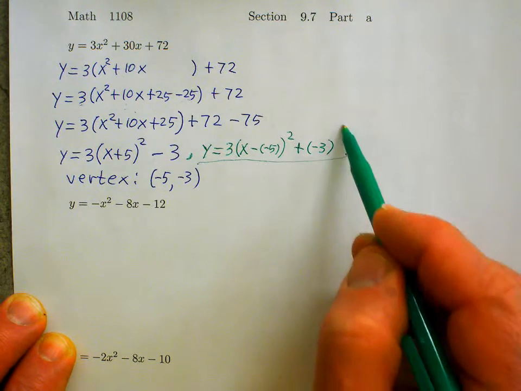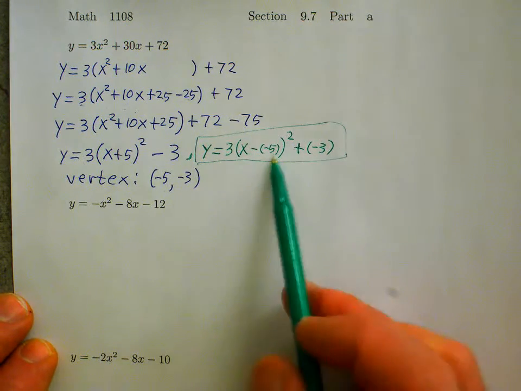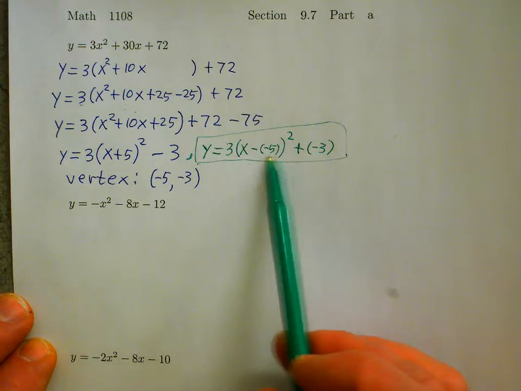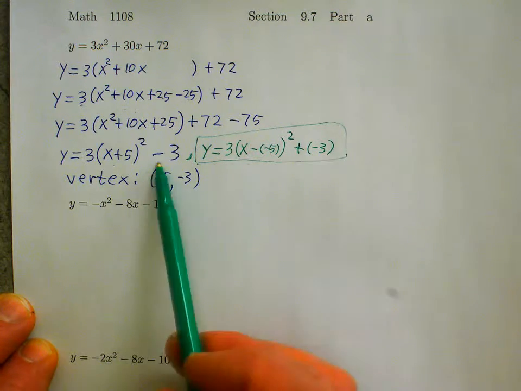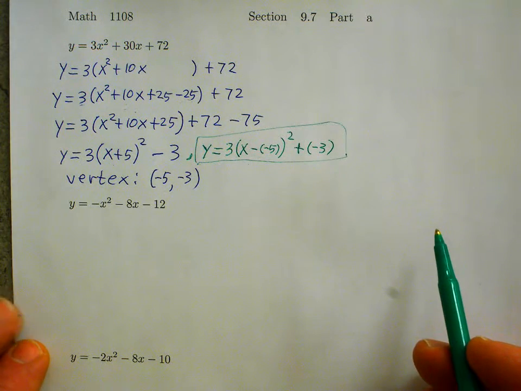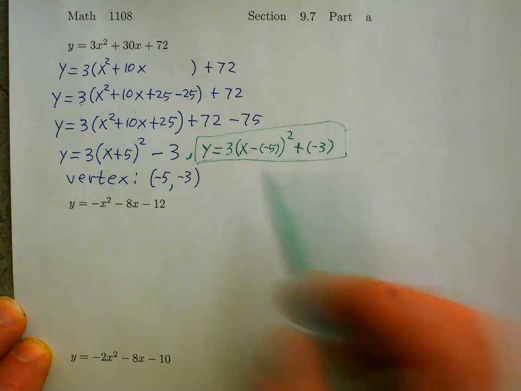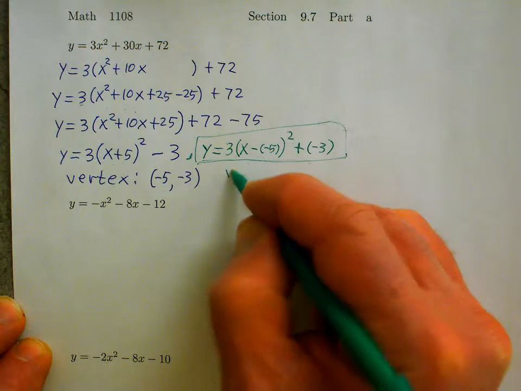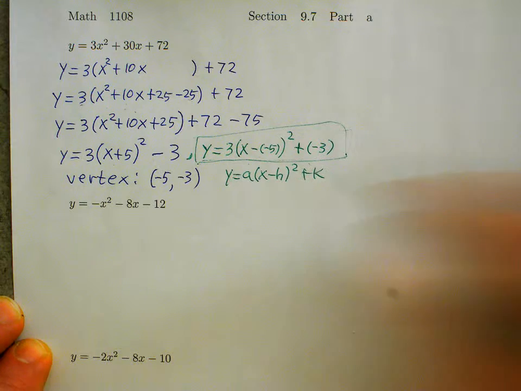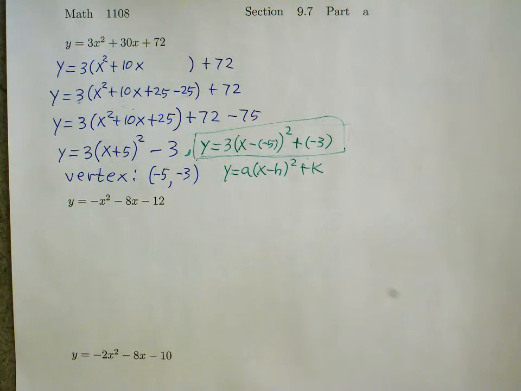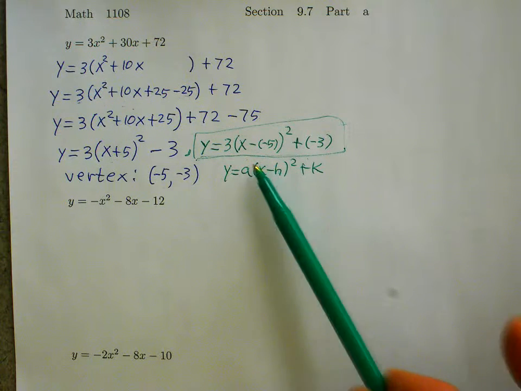We don't want this to be our final result, because we should simplify the x minus negative 5 to x plus 5. And we should simplify plus negative 3 to minus 3. But this is more true to the form y equals a times x minus h squared plus k. But we want to follow the ordinary conventions of arithmetic and simplify where possible.